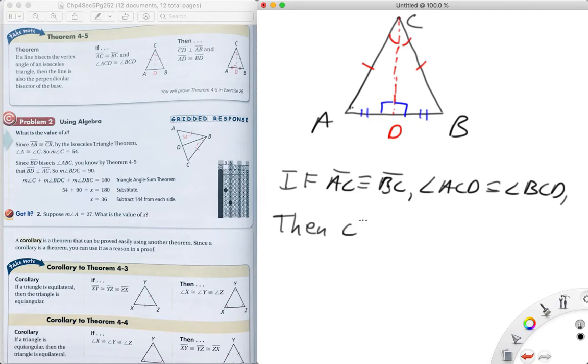Then CD is perpendicular to AB, and AD is congruent to DB. Alright, it's perpendicular and it cuts it in half, which is neat.